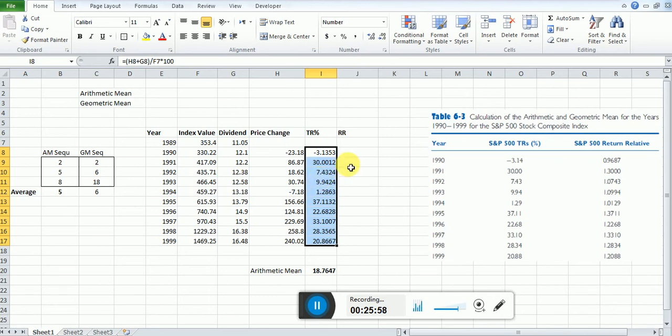I explained that if you invest $1 in 1990, how much will that $1 turn out to be in 1999? In the first year, when you invest $1, it increased into a value in 1991, and the whole value then increased by another rate for 1992, and then increased by another rate in 1993. So the $1 investment is compounding for 10 years, as this value has been compounded for 3 years and you got 6.